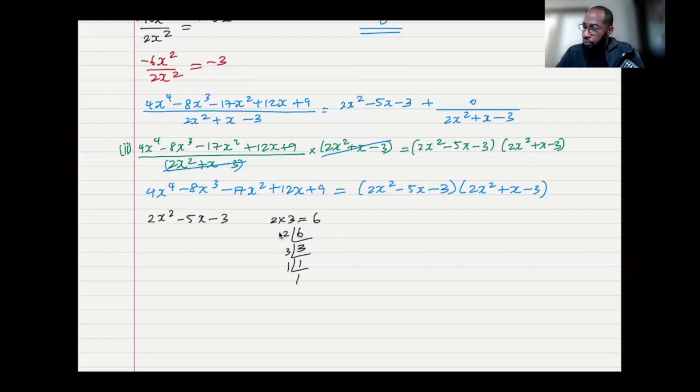So 2 3s are 6. 1. So I know -6 plus 1 equals -5. All right. But there are some questions where you get 2 sets of numbers that will give you the coefficient of x, which is -5. And let me show you that one time.